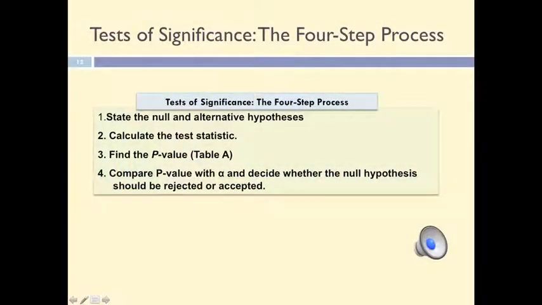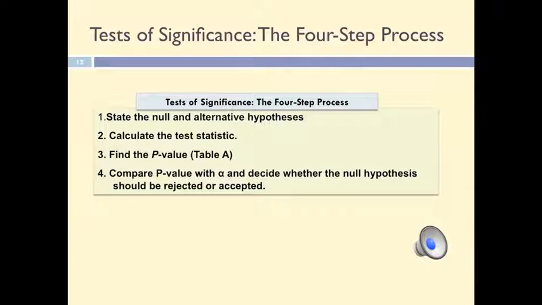In conclusion, there are only 4 major steps that we have to take when we're conducting a test of statistical significance. First, we must formulate the null hypothesis and the alternative hypothesis. Second, we compute the test statistic, which for this type of test is a z-score.